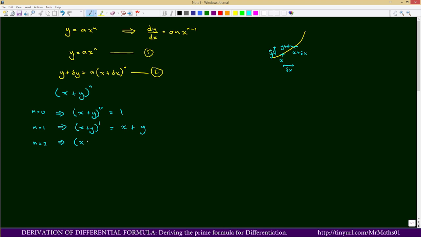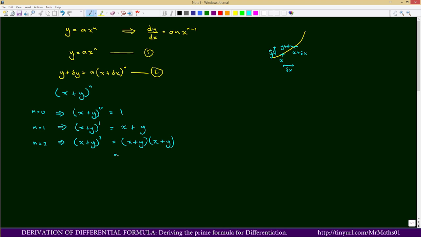If n equals 2, then x plus y to the power of 2 is equal to x plus y multiplied by itself, multiplied by x plus y. We multiply each component in the first bracket with each component of the second bracket.